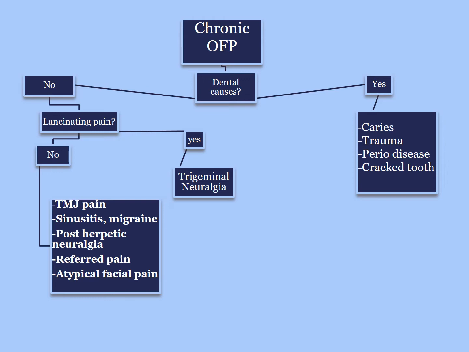If it's no, then it's important to consider other types of pain, that is TMJ, sinusitis, migraine, post-herpetic neuralgia, referred pain, or atypical facial pain as a cause of the orofacial pain. So this basic algorithm is important to get started off when you are assessing a patient for possibility of chronic orofacial pain.